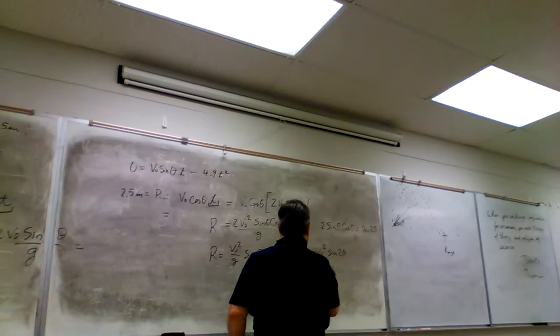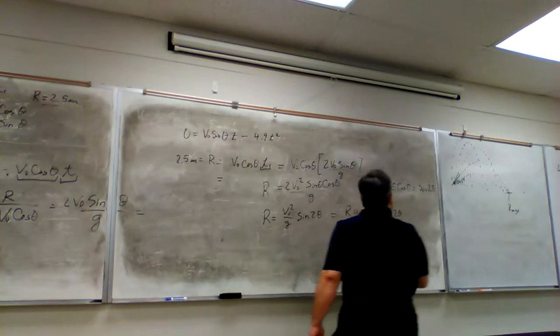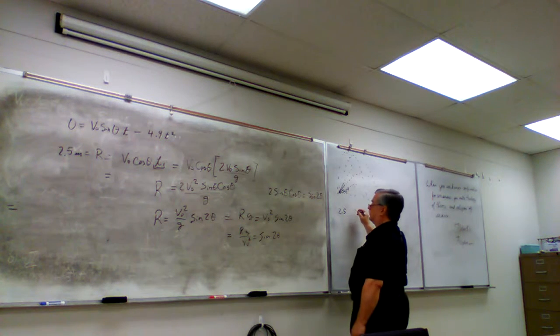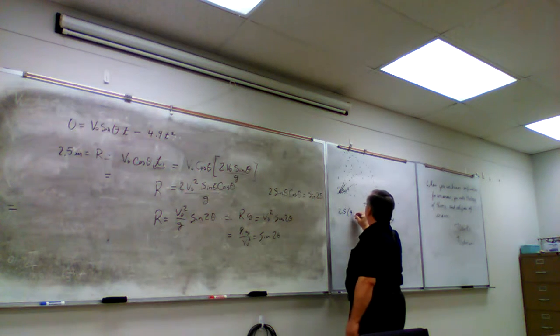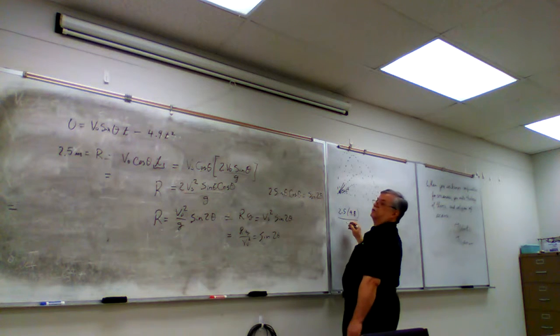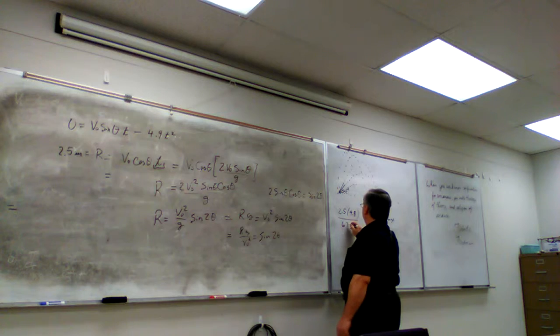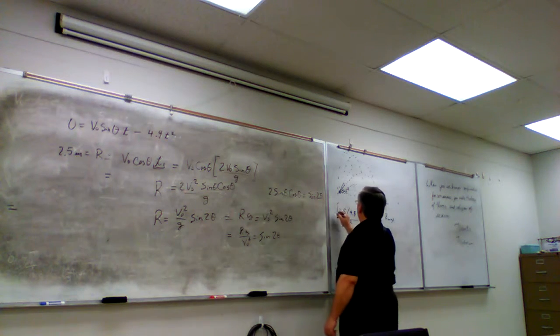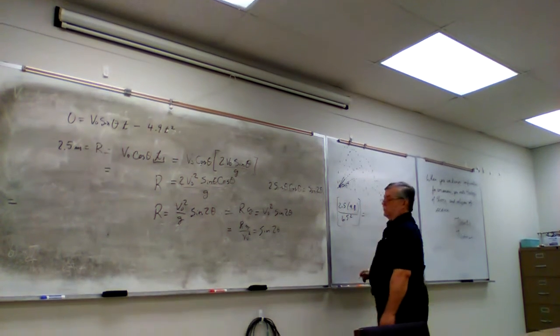So let's take the inverse sine of 2.5 meters times 9.8 divided by, what was it, 6.5 squared? What does that equal?